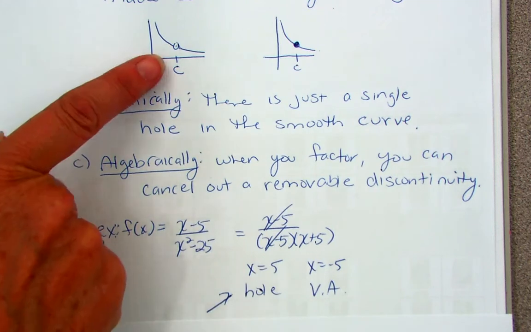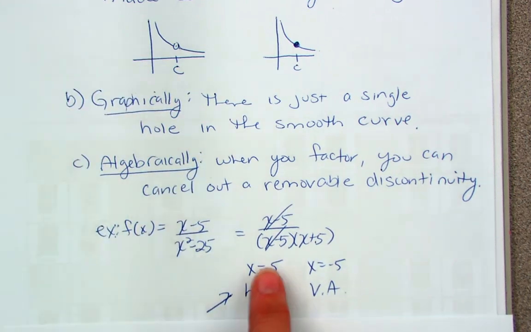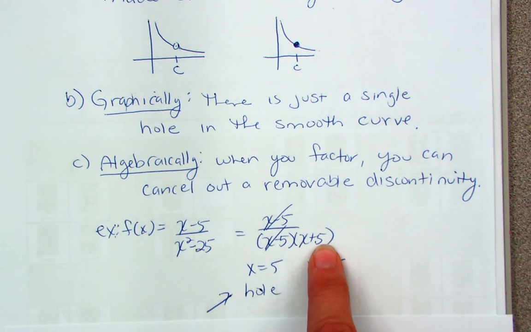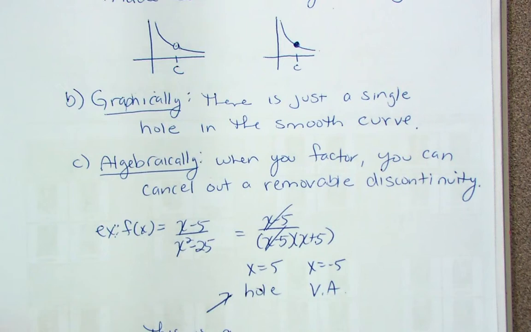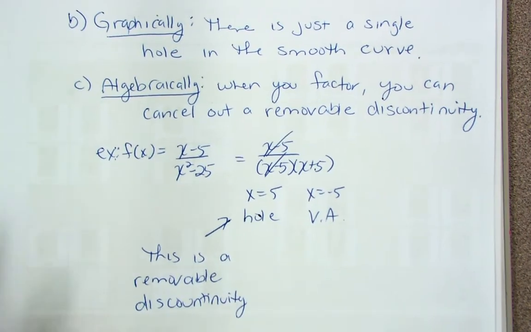So that's just a hole in the graph. This would be a removable discontinuity. But the term that is left, the x plus 5, where x equals negative 5 makes this factor go to 0, ends up being a vertical asymptote. And we did this last year. So this part here is the removable discontinuity.